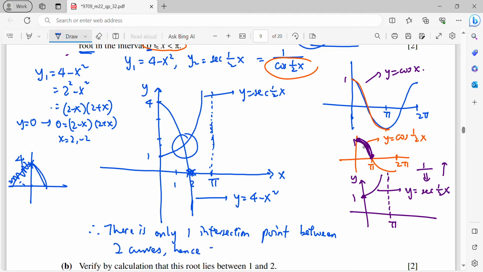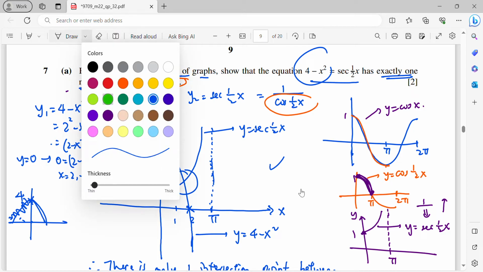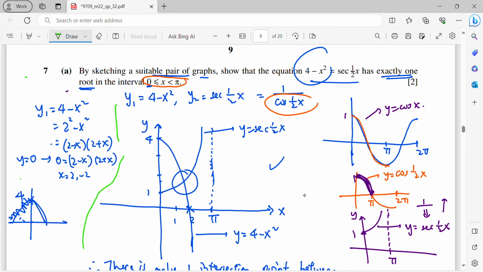Hence, the equation has only one root. The root is actually referring to the intersection point between two graphs. So this is the actual graph. All this will be just rough work.